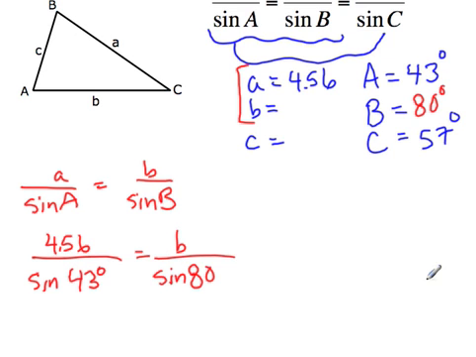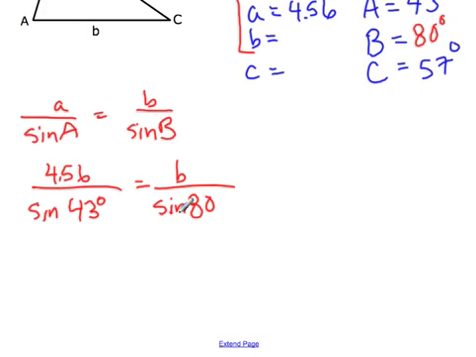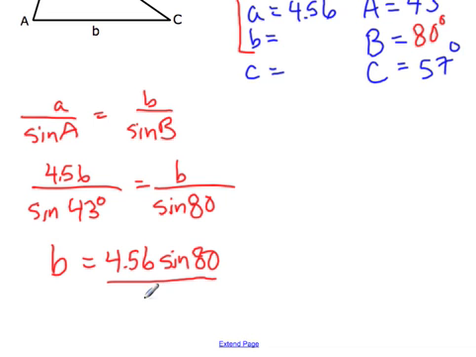Okay, so now I just have to plug these in my calculator, using my normal cross multiply divide. I like to do the cross multiply divide, so I write B is equal to 4.56 multiplied by the sine of 80, all divided by the sine of 43 degrees. Let me pull out my trusty calculator and figure out what that is.